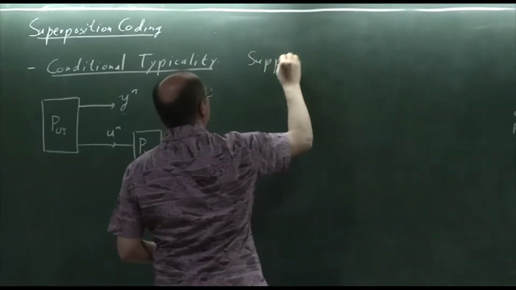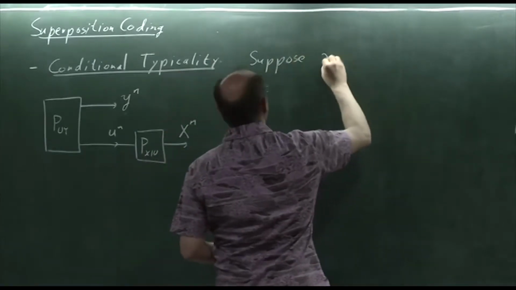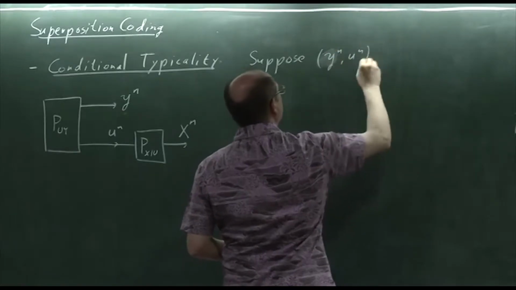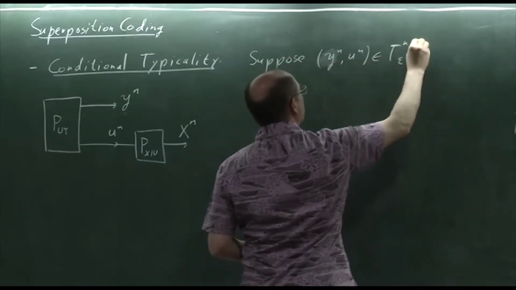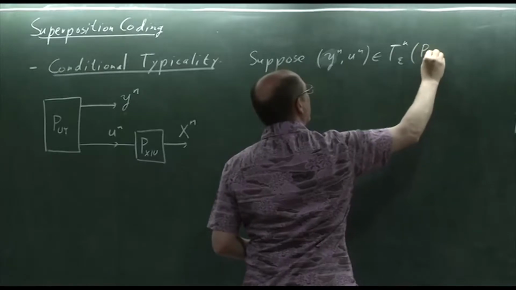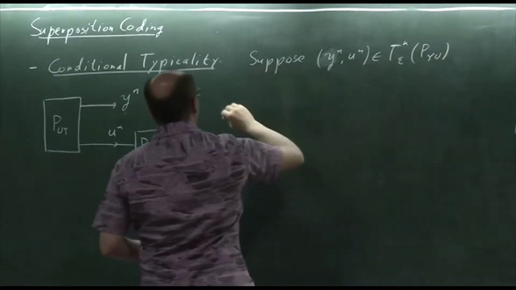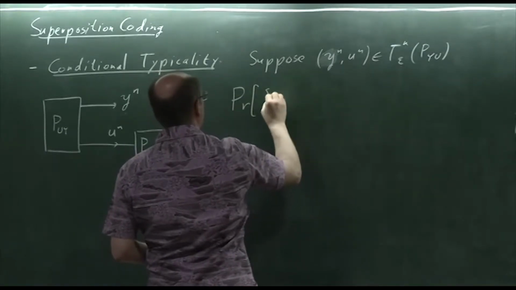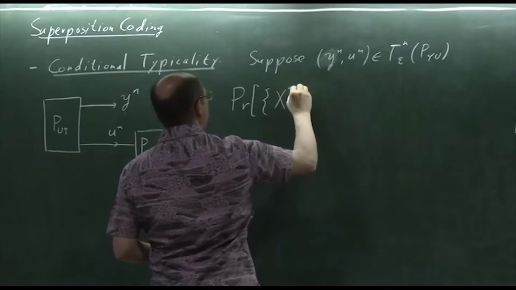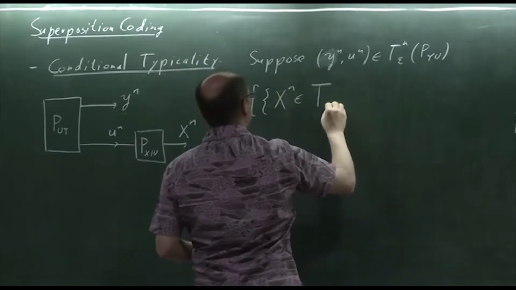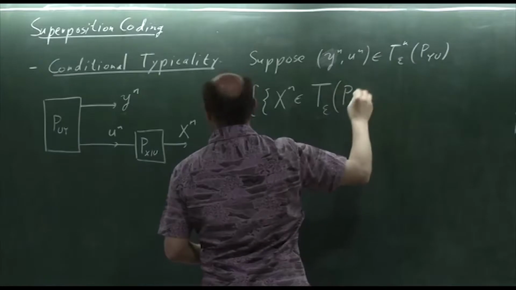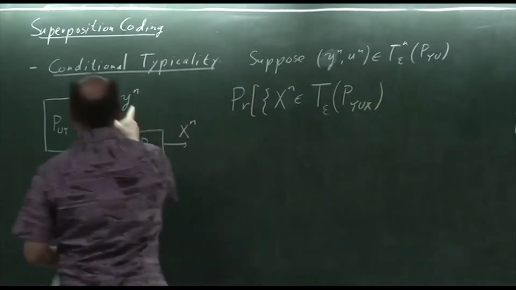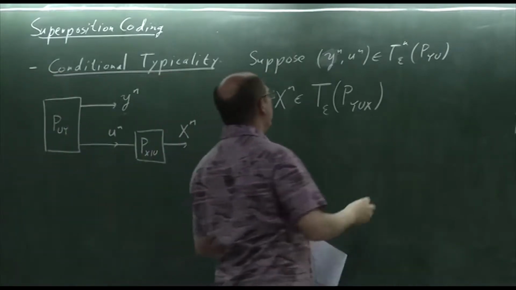Suppose x^n, y^n, u^n are typical with respect to p(y,u). We're asking the question, how does the probability behave that x^n is in the conditionally typical set with respect to any p(y,u,x), so not necessarily the one with the right Markov conditions?